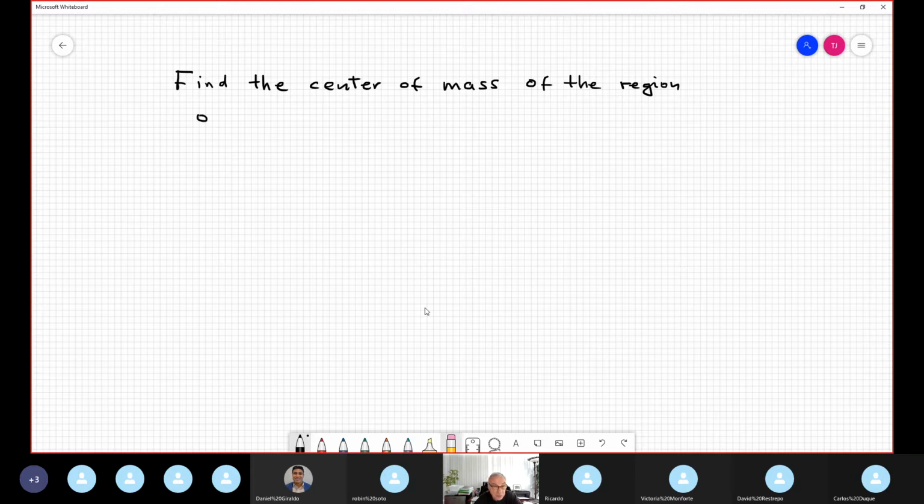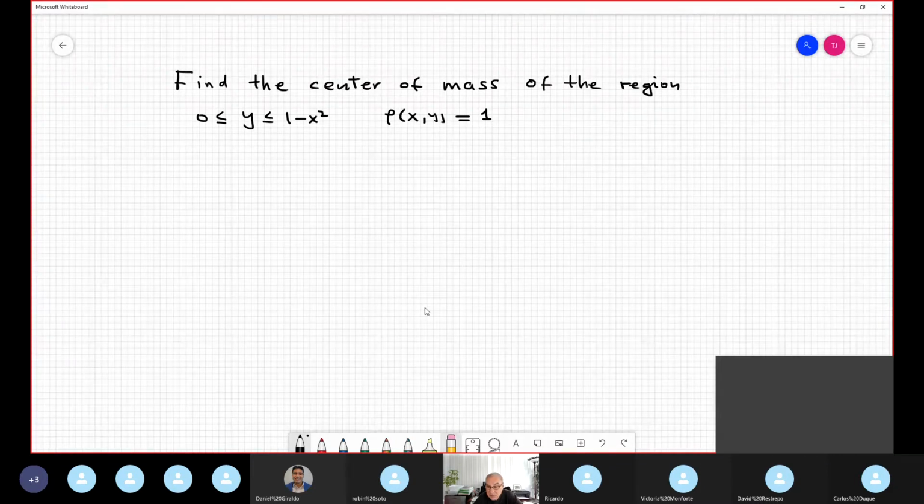The region is 0 less than or equal to y, less than or equal to 1 minus x squared. I suppose the density function is 1. So basically, if the density function is constant and equal to 1, the mass you find is pi.